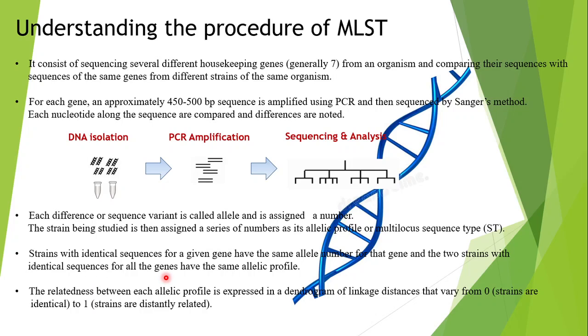This relatedness between each allelic profile is expressed in the form of dendrograms that vary from 0 for strains that are identical to 1 in case the strains are distinctly related.